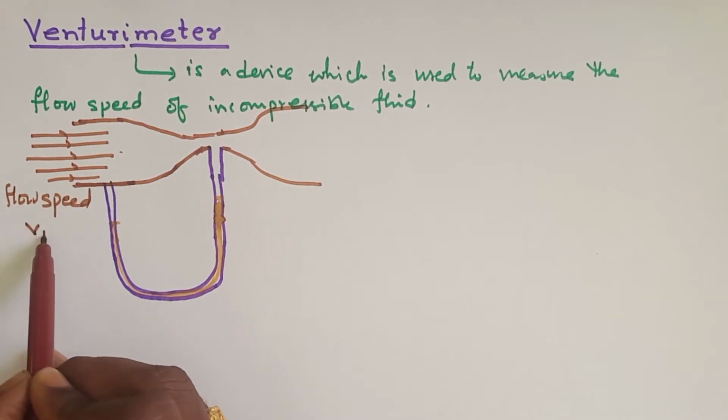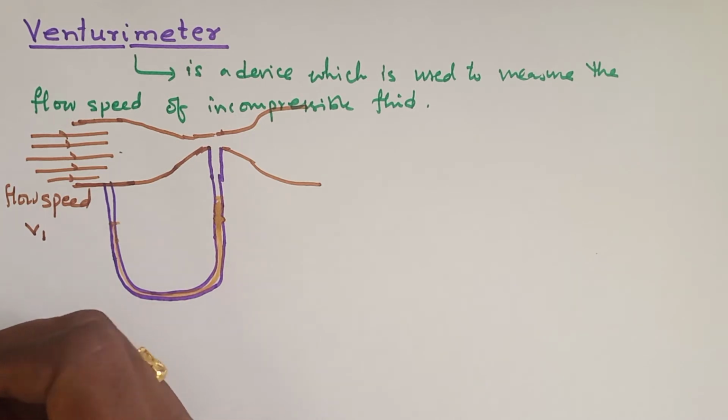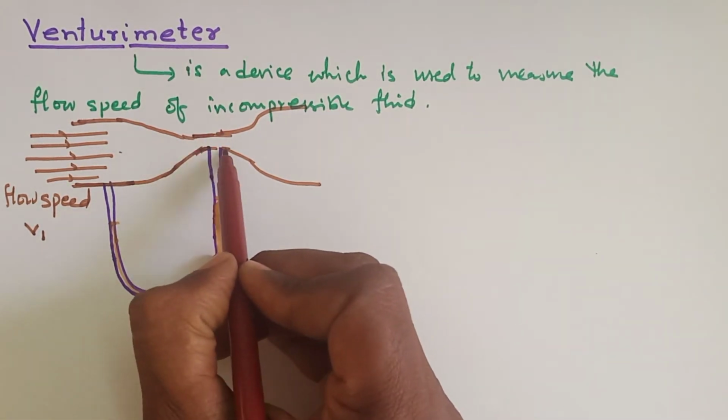So this is called speed V1, which we are interested to calculate. At the middle it has a narrow end, right?